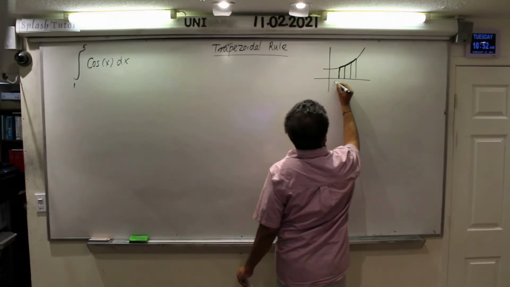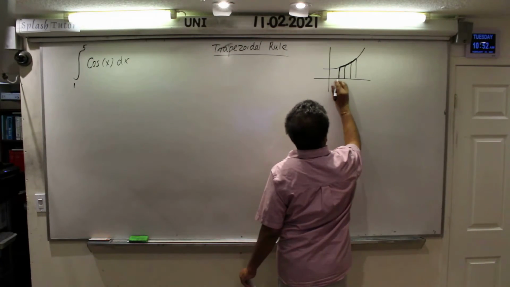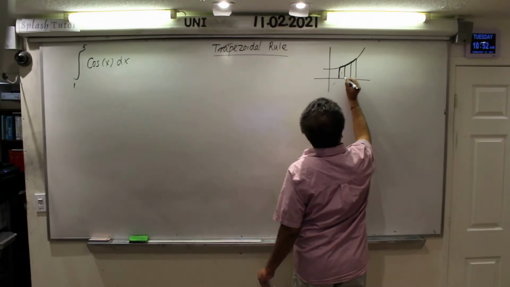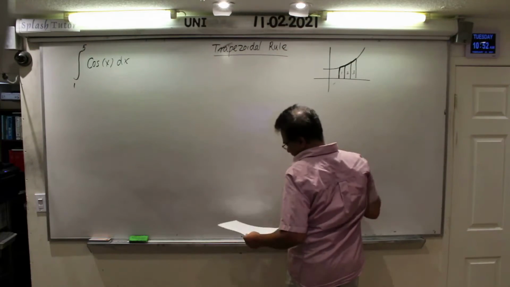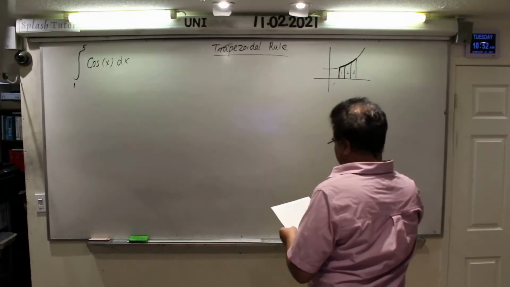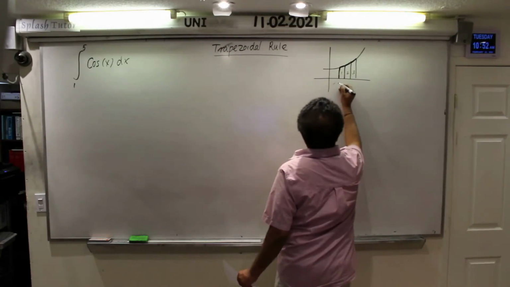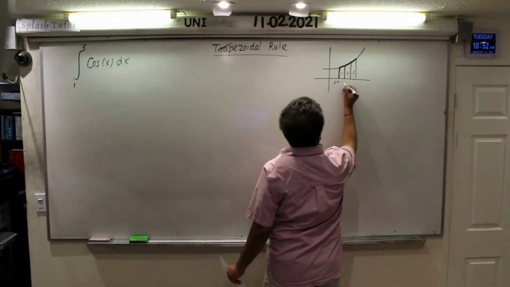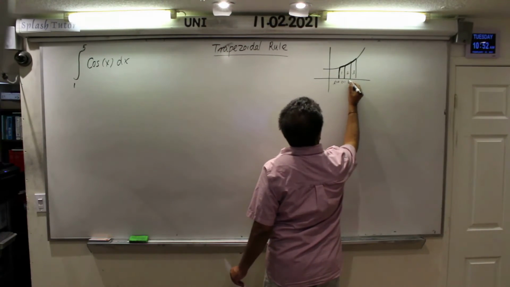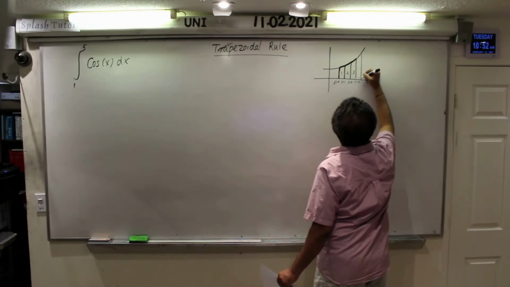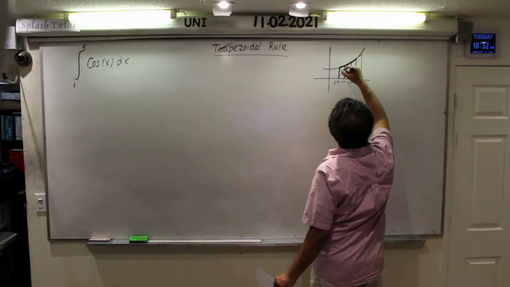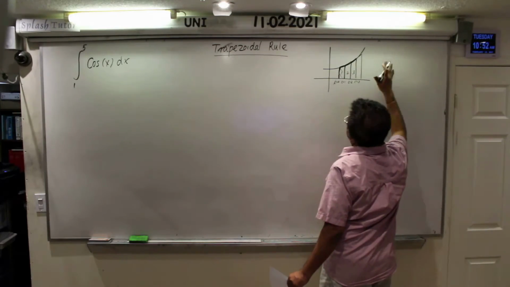So n is equal to 3 here, with i equal to 0, i equal to 1, i equal to 2, i equal to 3, and it goes on. Now you find all the areas and add them.